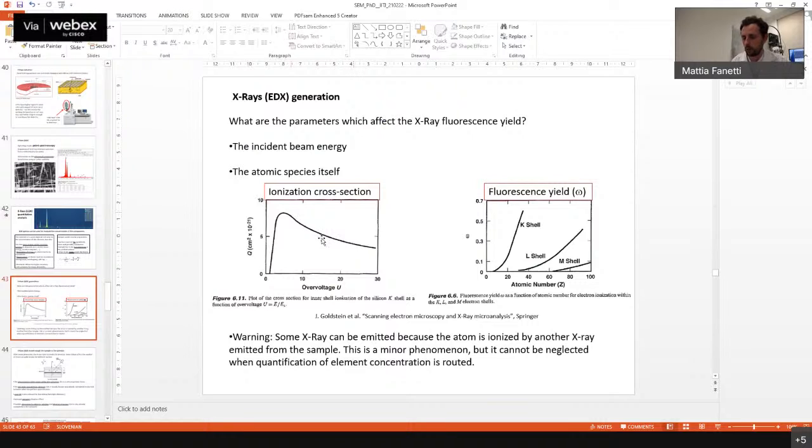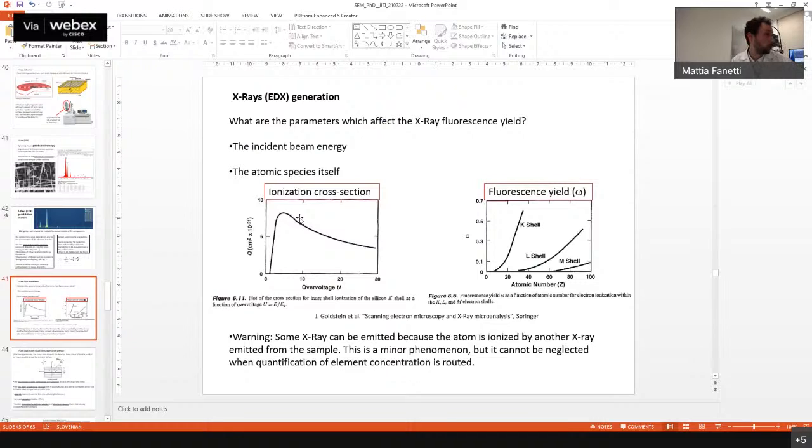So this depends on the beam energy, and the maximum is typically about 5. But it doesn't mean that if you go higher, you don't have any ionization. You still have a bit less, but you can also go higher. What is important is that you are not below, typically, 2-3 times the energy of the emission line that you want to analyze.